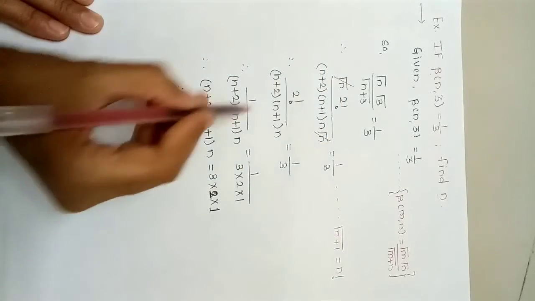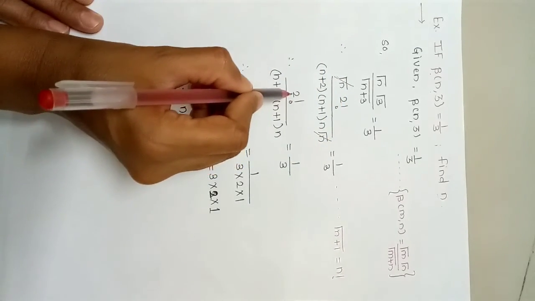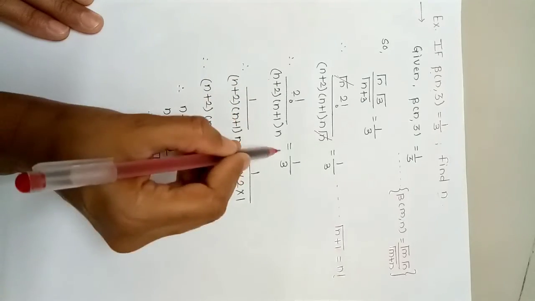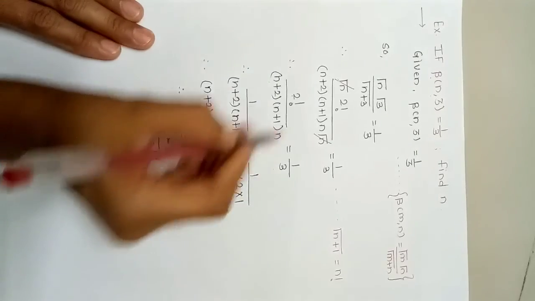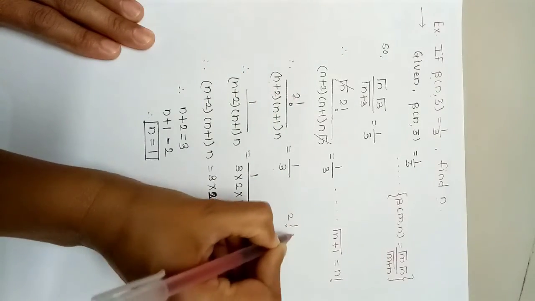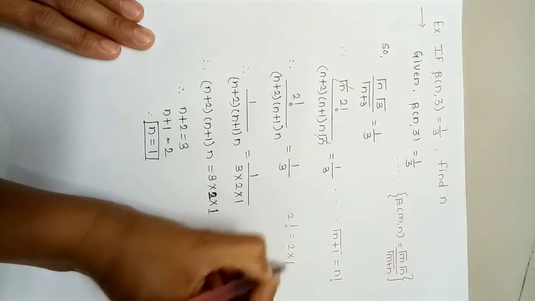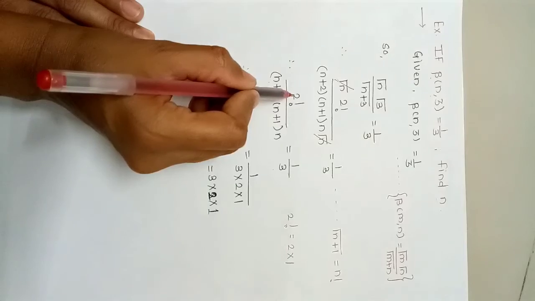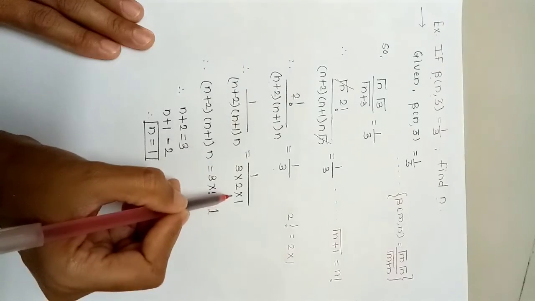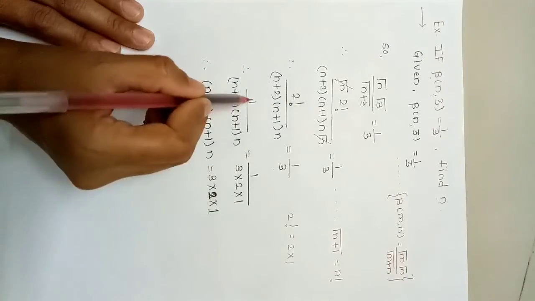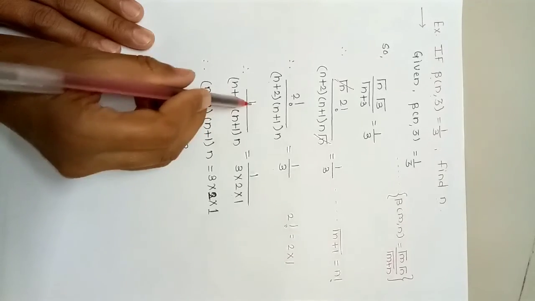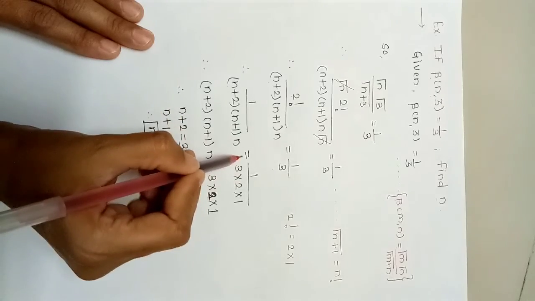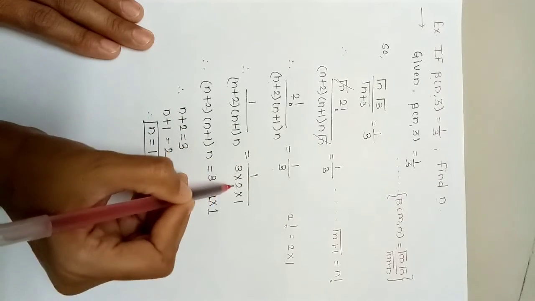Okay. Now here gamma function of n and gamma function of n will cancel, and therefore we write 2 factorial upon n plus 2 into n plus 1 into n is equal to 1 by 3. Again here 2 factorial is nothing but 2 into 1, and on the right side 3 is nothing but 3 into 2 into 1 upon, so we get 1 into 1 upon n plus 2 into n plus 1 into n is equal to 1 upon 3 into 2 into 1.